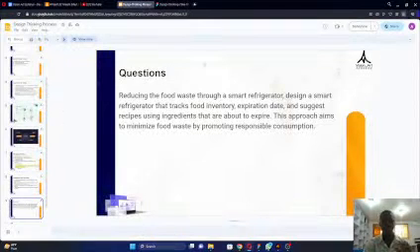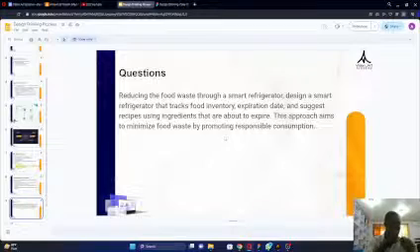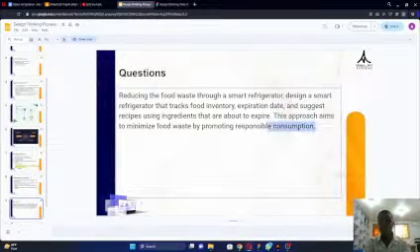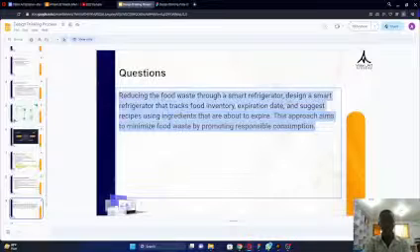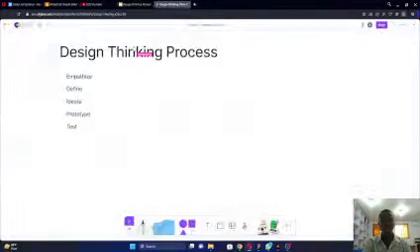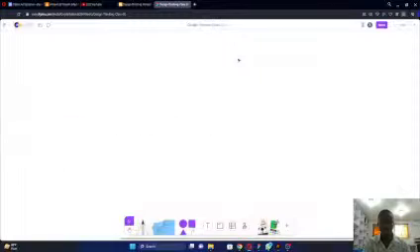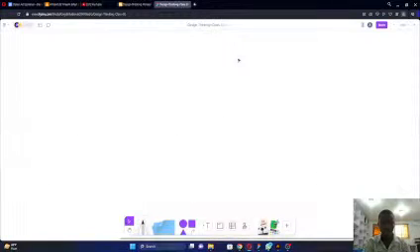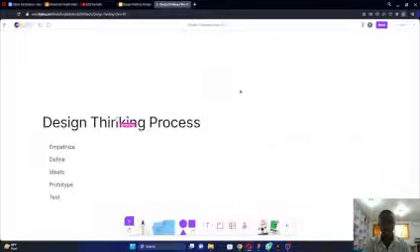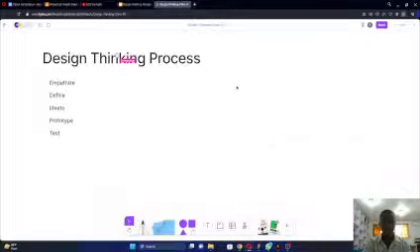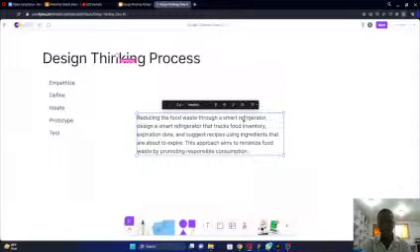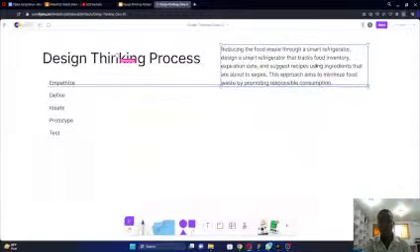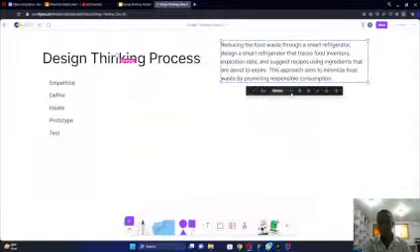So going back to the question, reducing the food waste, let me copy it so that we can have it on our board. This one is there first. So this is the actual problem we want to solve using this approach, right?